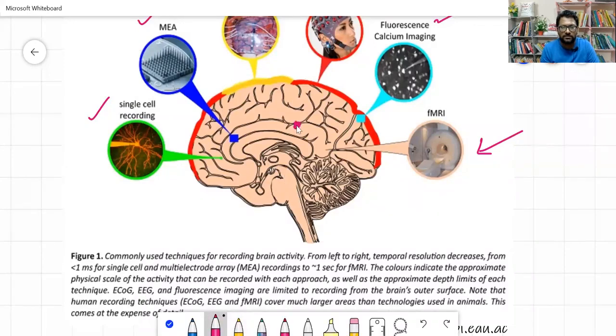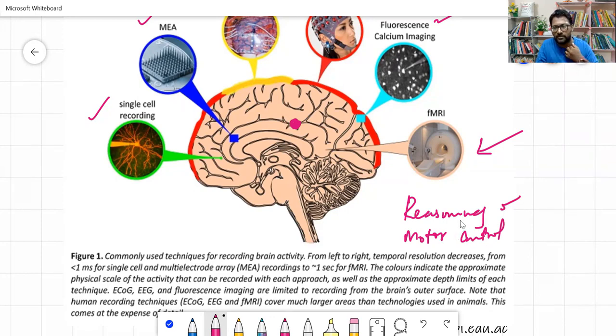The tumors which are growing have the capability of blocking the signals or leading to deficits of normal reasoning and motor controls, movements, etc., or even consciousness. So these will be affected if there is a tumor within the brain.